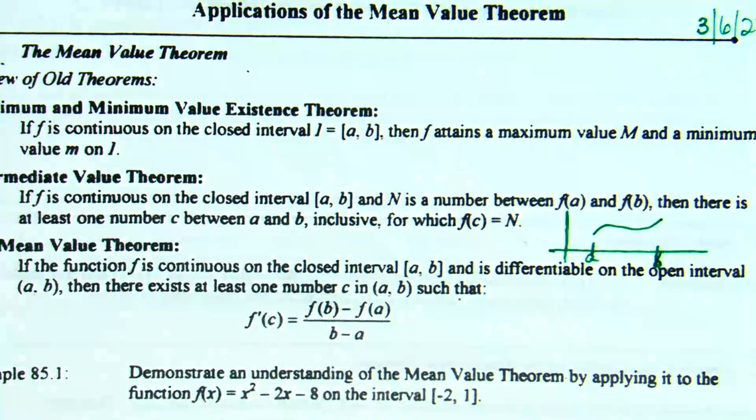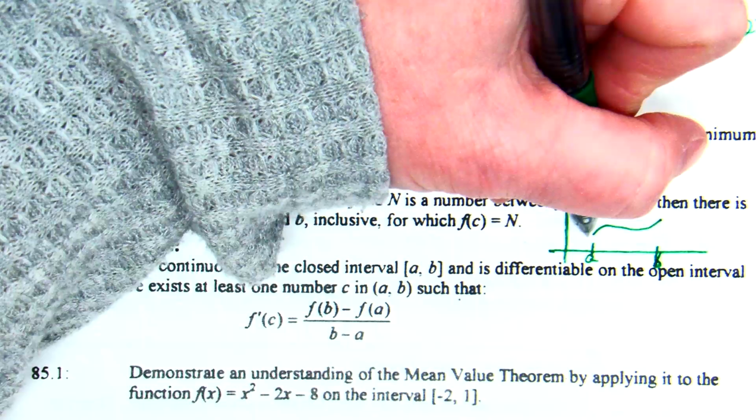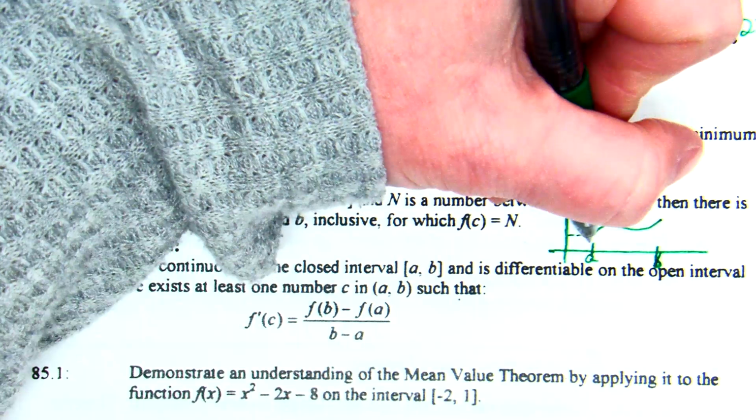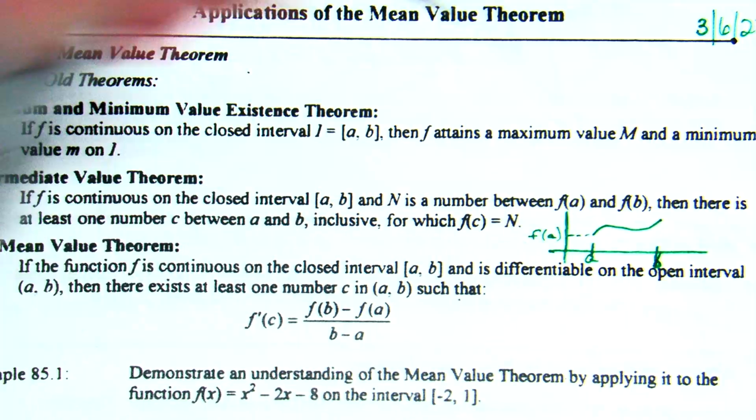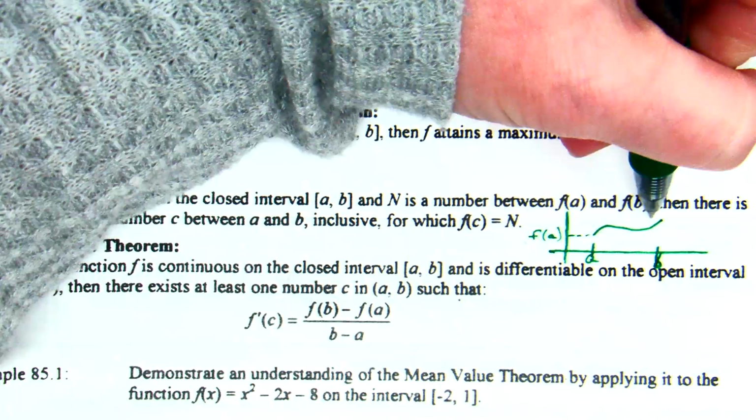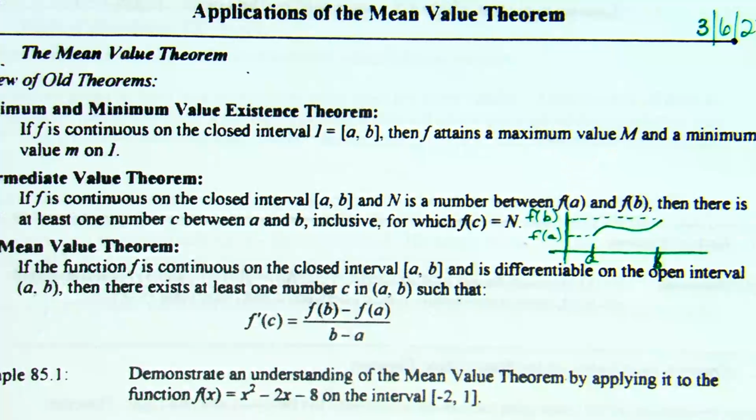Okay, so if f is continuous on the closed interval a to b, n is a number between f of a and f of b. So what you have to realize here is that f of a is going to be the y output when x is a. F of b is going to be the y output when x is b. Okay, the idea, n is a number between f of a and f of b.